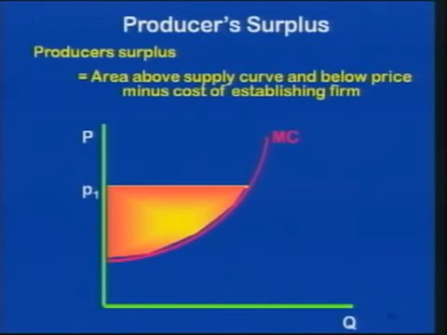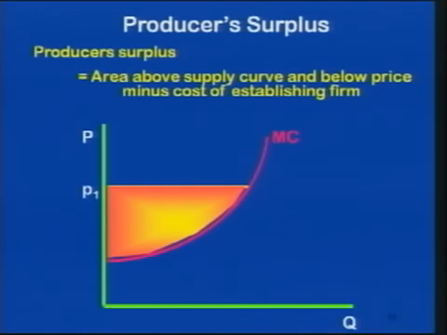We call it the producer's surplus. You could also call it the operating profits of the firm. I want to convince you that this area below the price and above the marginal cost curve is the profits that the firm makes independent of its fixed cost of operation.